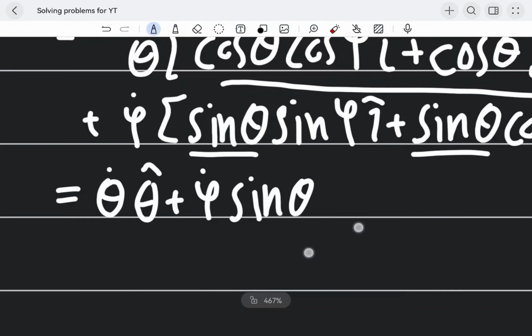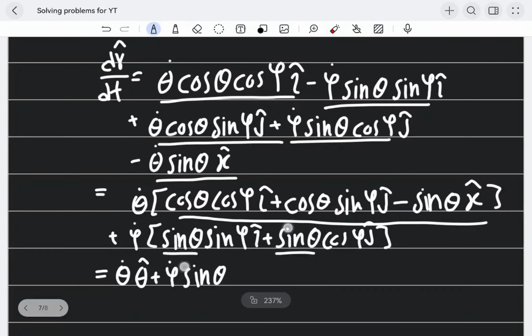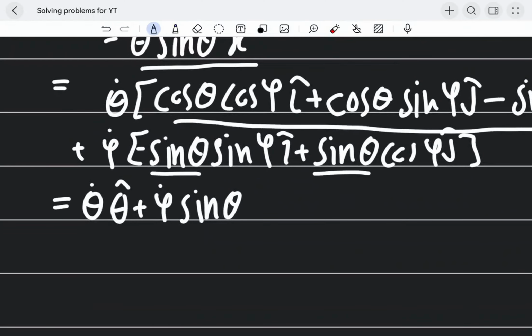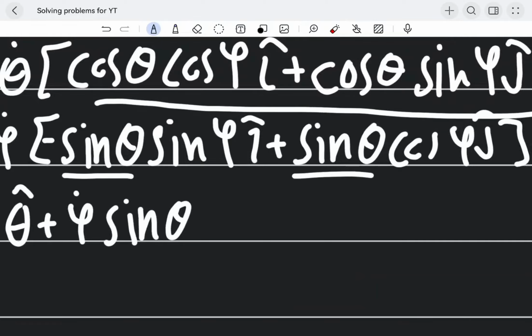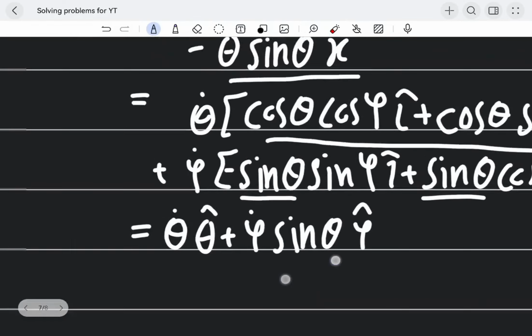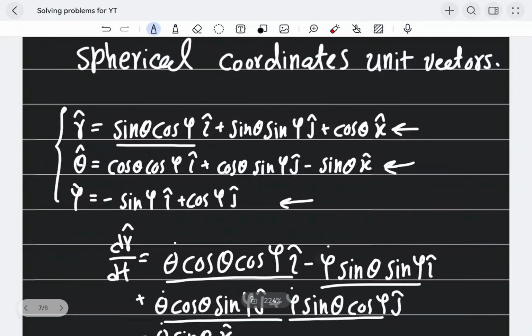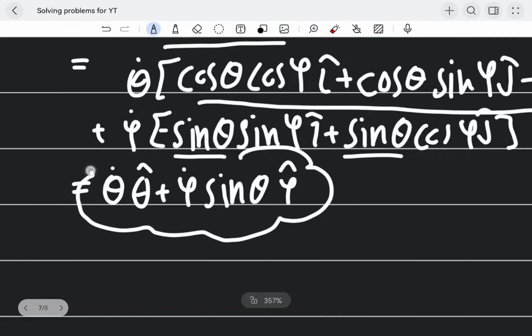We're left with this thing over here, which must be minus sine phi i hat plus cosine phi j hat, which is just phi hat. So this is for r hat.